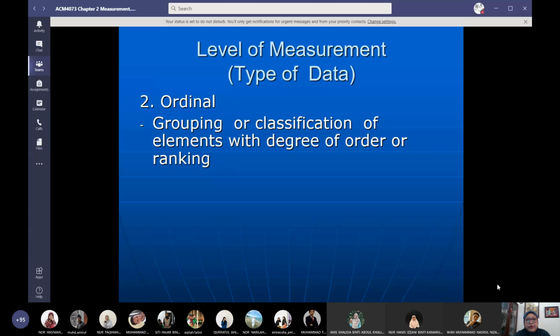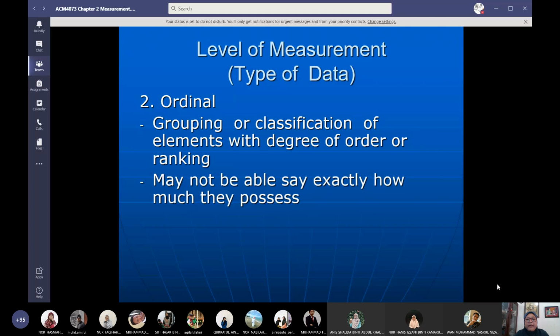So ordinal refers to a particular classification with the degree of order or ranking. It may not be able to say exactly how much they possess. It depends on the range. What do we mean by the value behind the label cannot be displayed through the name?